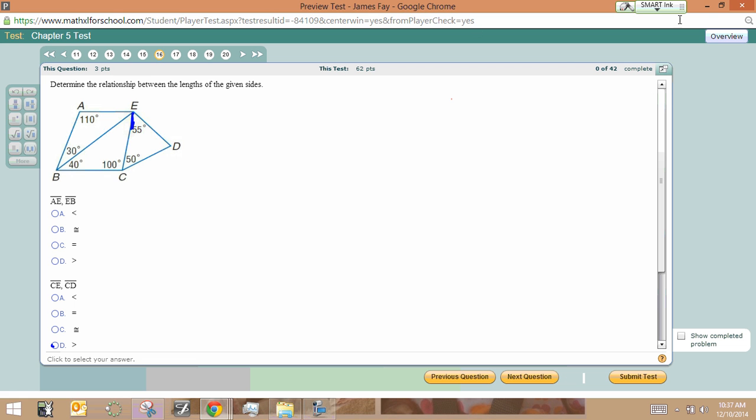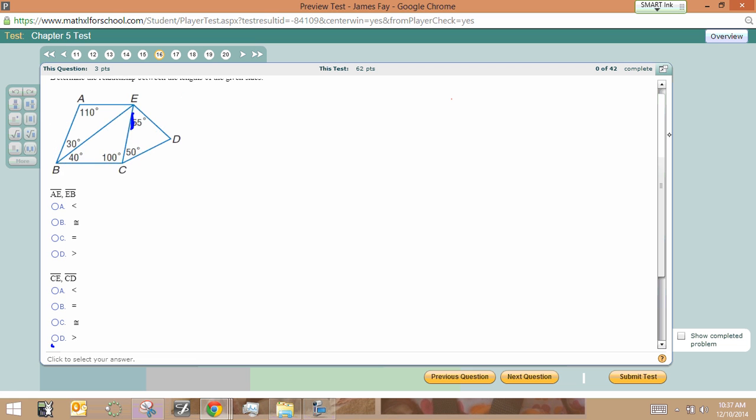The last one they're asking for here is BC and EC. Well, we know that's 40. Across from 40, across from 40. There's no difference in the angles, so there's no difference in the sides. Those two have to be congruent.